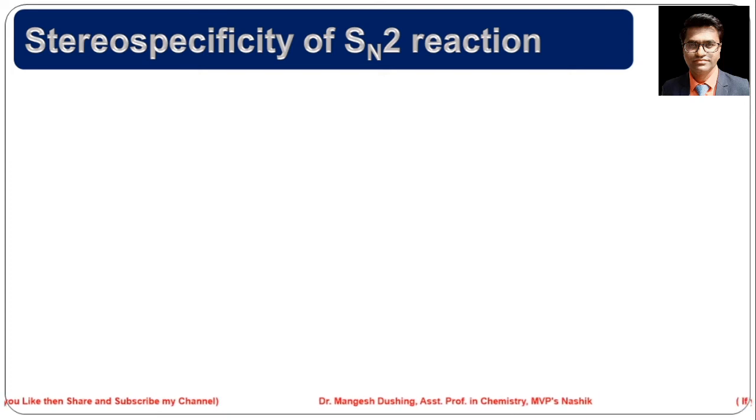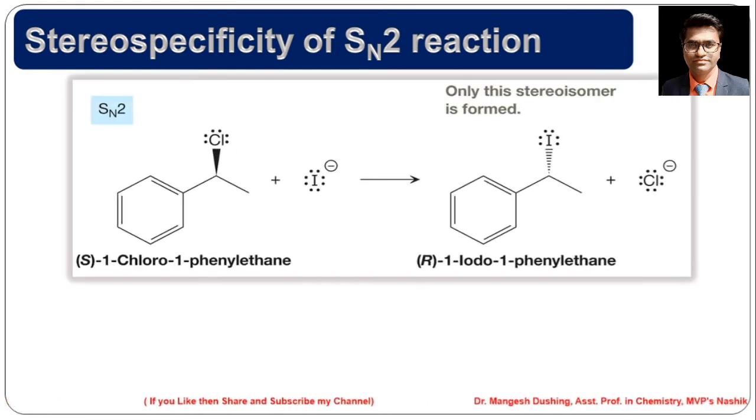Only one product is there. So SN2 reactions are stereospecific reactions. It will give only one product because the mechanism is the same. The stereochemistry is only getting inverted. So it's fixed. If R is the substrate, your product is only S. If S is the substrate, your product is only R.